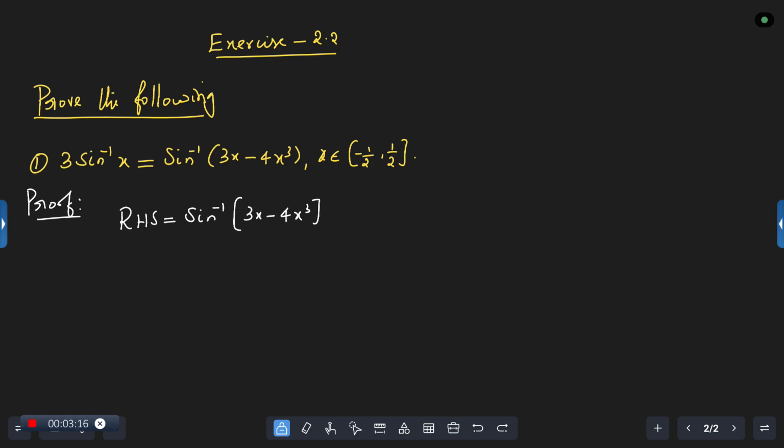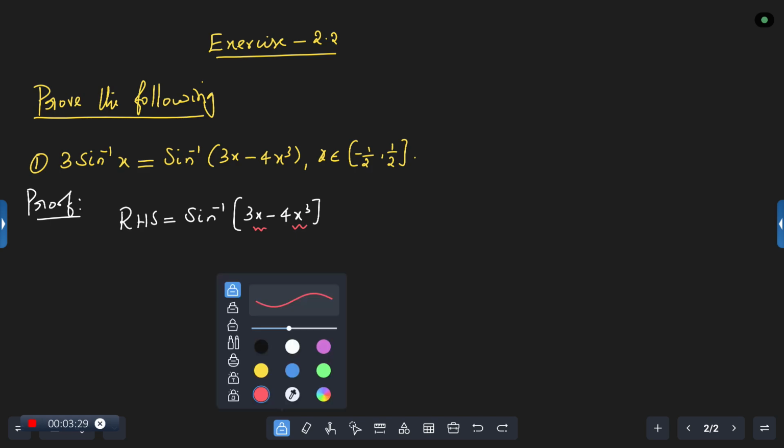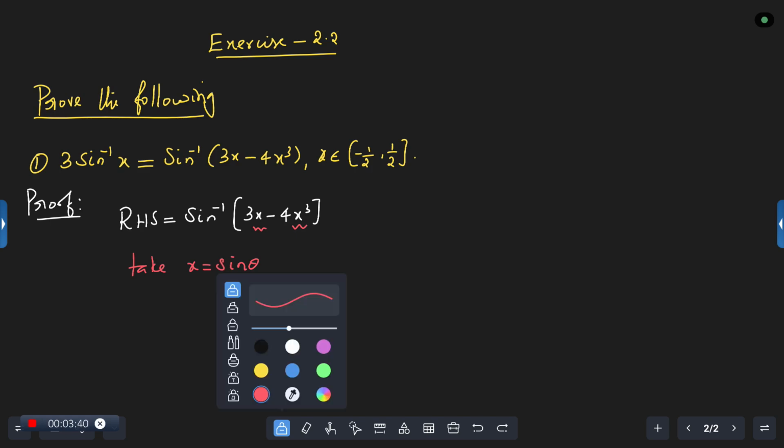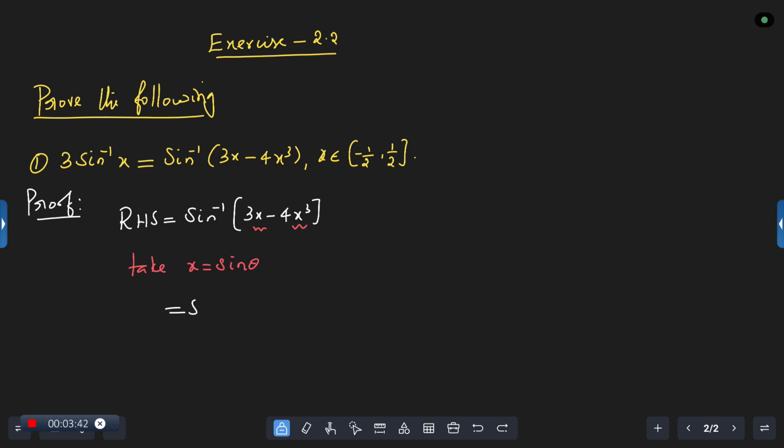Look at the x value here; it involves an identity of multiple angles, which means you have to take x equal to sin theta. So what you get here is sin inverse of 3 sin theta minus 4 sin cube theta.